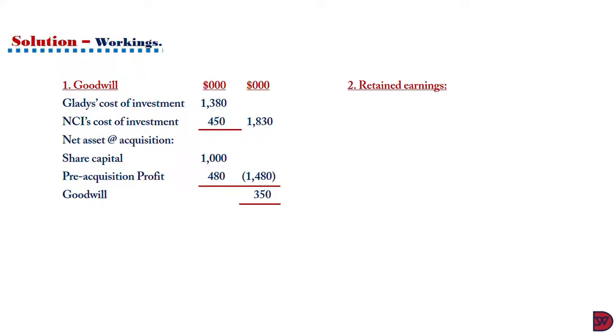When we come to the retained earnings also, Gladys's own is $2,040,000. Then her share of the post-acquisition reserve of Emilia, which is 75% of $180,000. $180,000 is the difference between the retained earnings to date of $660,000 less the $480,000 at acquisition, will be $135,000, which will provide a total of $2,175,000.